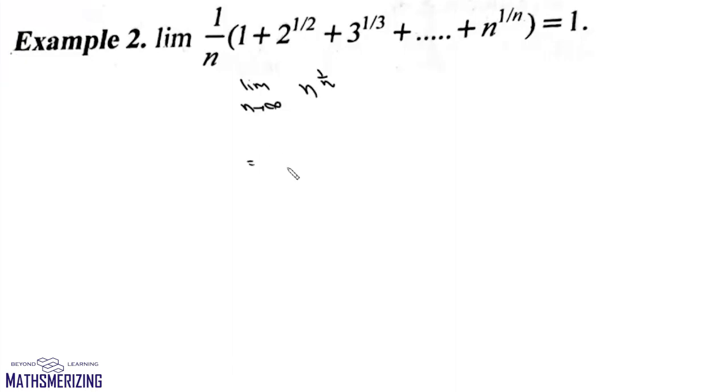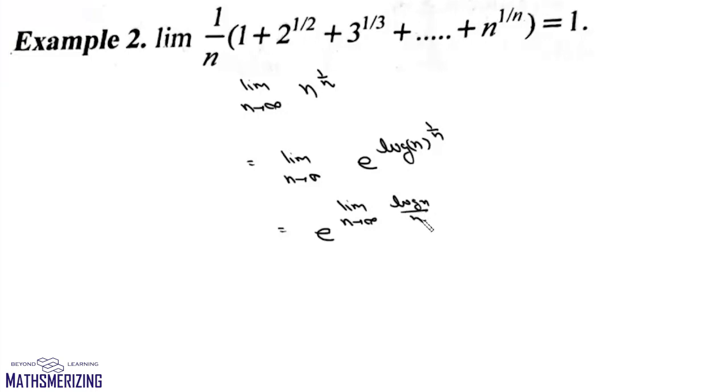Now we can write this as limit n tends to infinity e to the power log of n to the power 1 by n. So it will be e to the power limit n tends to infinity log n by n.